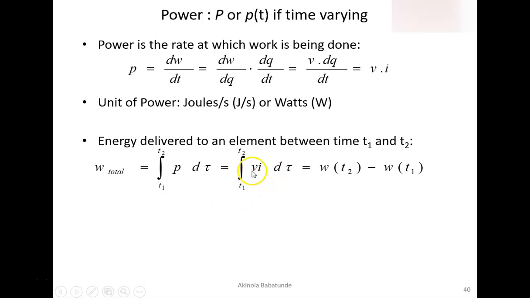Since we know our power to be equal to vi, you replace p with vi, from time 1 to time 2 dt, and then when you integrate these using our understanding of integral functions, you have w(t2) minus w(t1) at the end of the day. So this is how to find energy delivered to an element between time 1 and time 2.